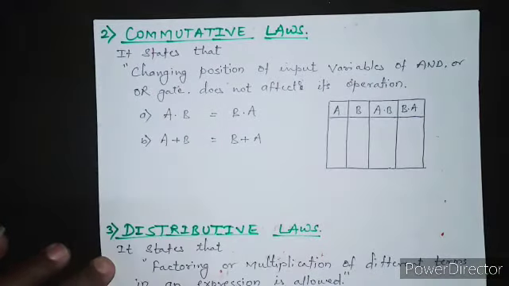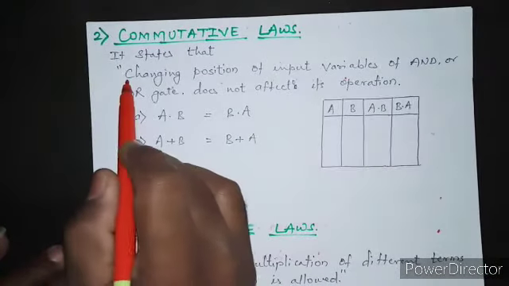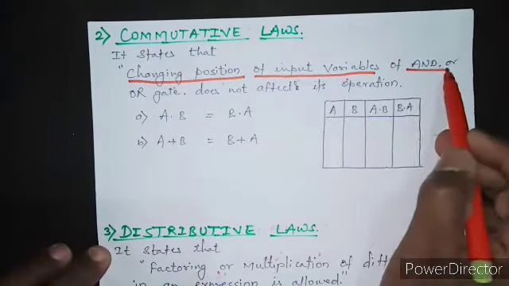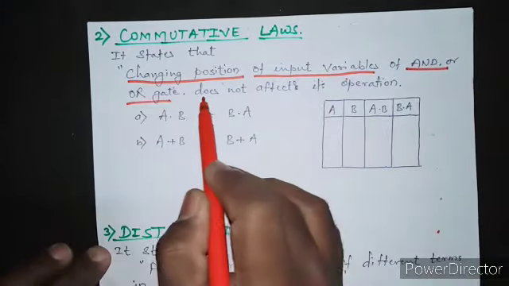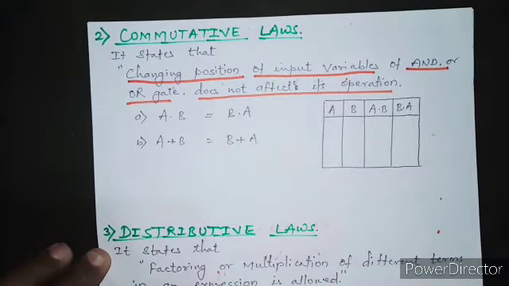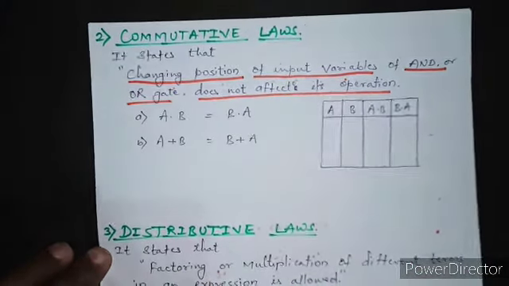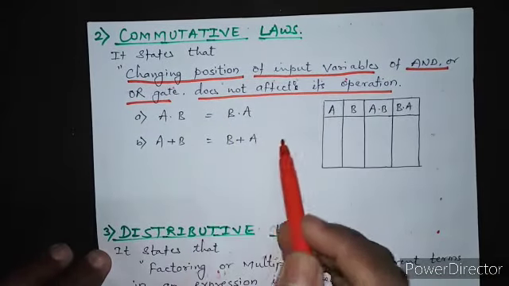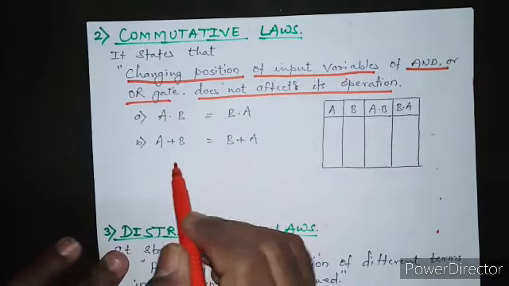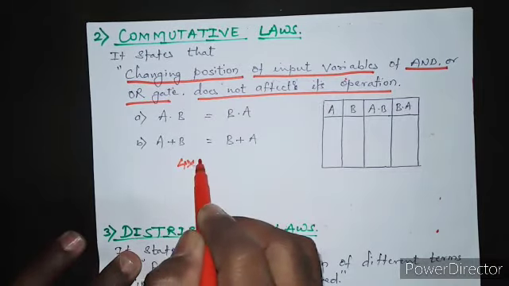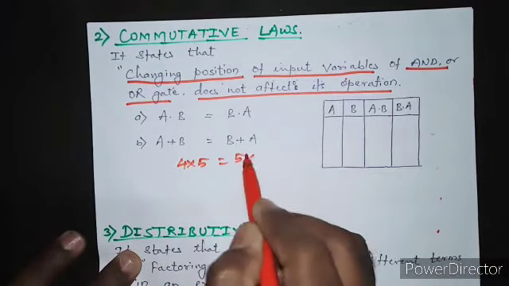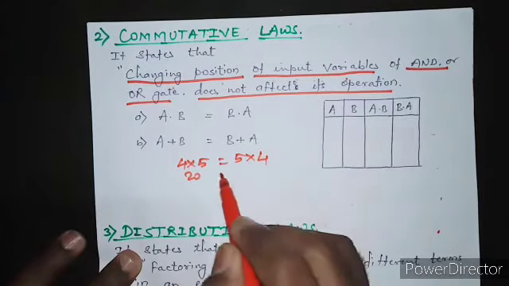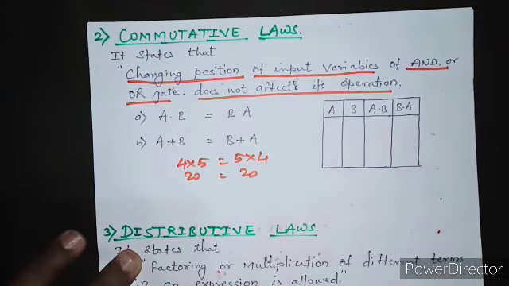The commutative law states that changing the position of input variables of an AND or OR gate does not affect its operation. So you can see here A dot B is equal to B dot A. Said another way, 4 into 5 can be 5 into 4, so this will give you 20, this will give you 20.